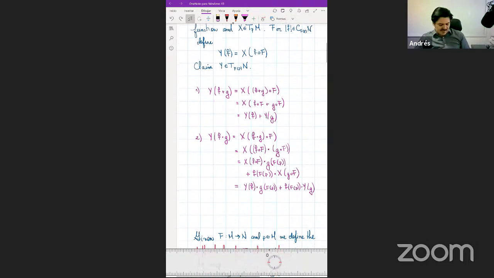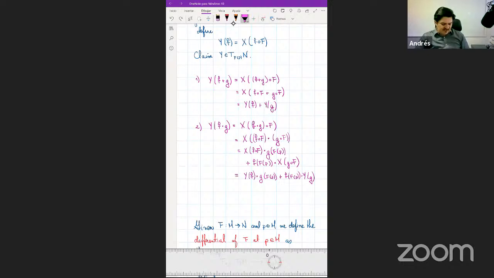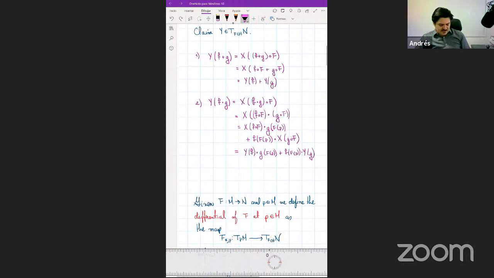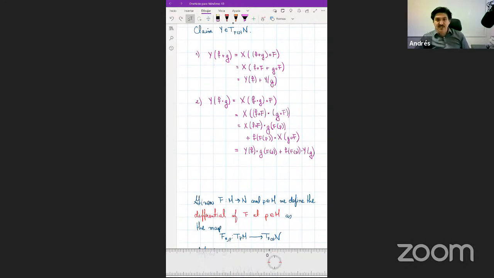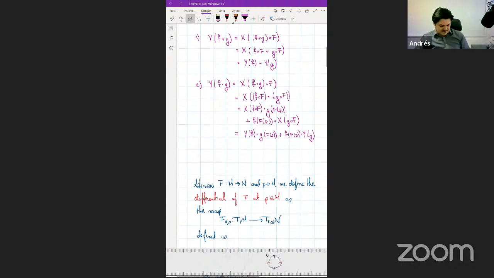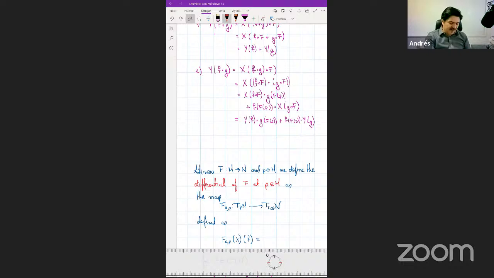So as before, if I have a function and a point on the domain, we are going to define the differential of the function f at the point P. And it's going to be a map between tangent spaces, the tangent space at P and the tangent space at f of P. And it will be defined exactly as what we have before.